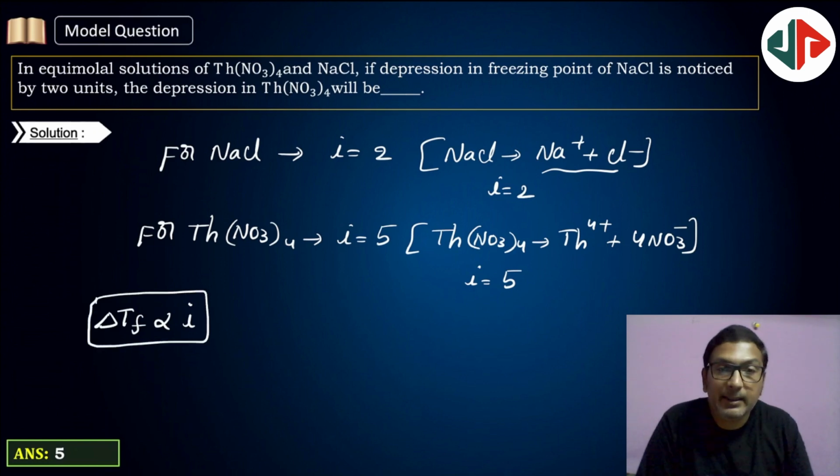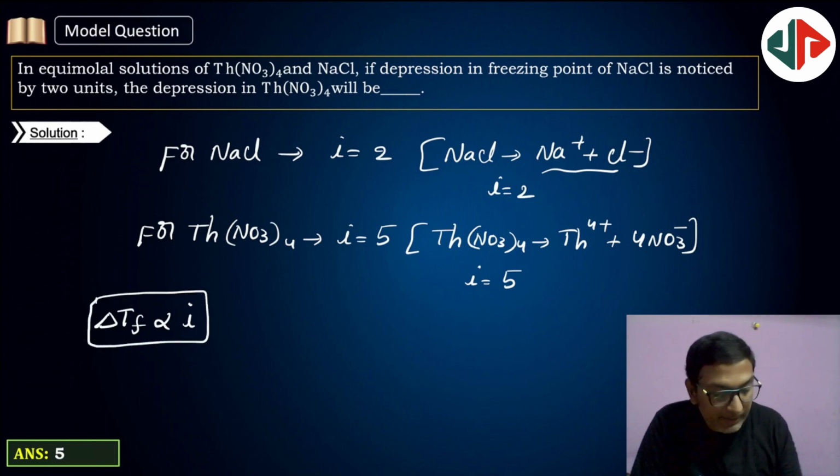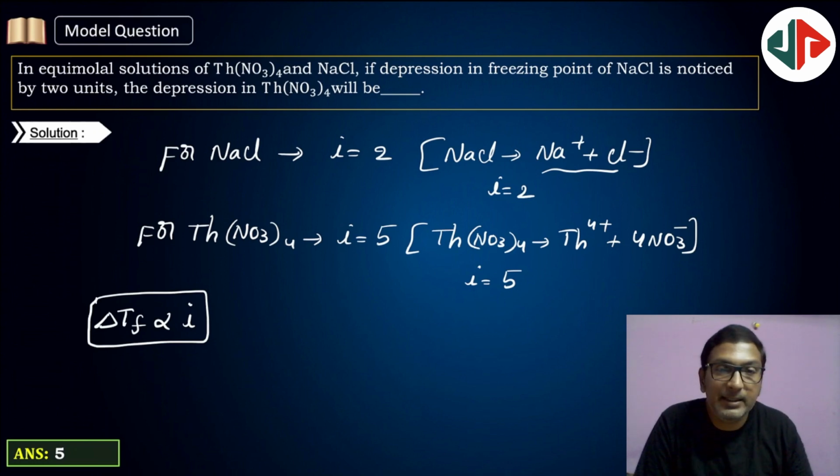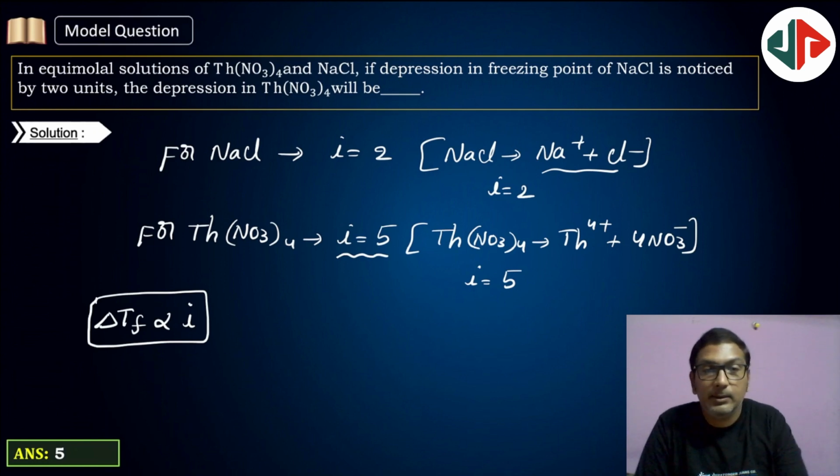For NaCl, the depression in freezing point is equal to 2. Therefore, the depression in freezing point for Th(NO3)4 is 5. Clearly 5 is the answer. The depression in freezing point is directly proportional to i.